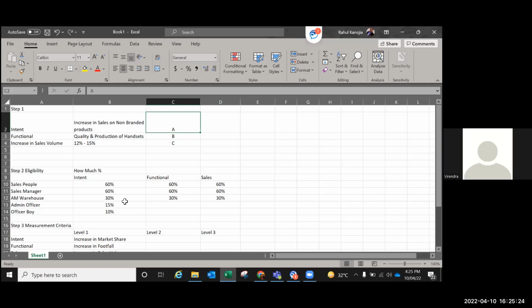Rahul, if you see that particular screenshot, steps A to I are given as criteria, and those criteria are divided into functional and some HR ones. So right from increase the market share from 12 to 15% to increase in sales value, yes, A to I, correct.